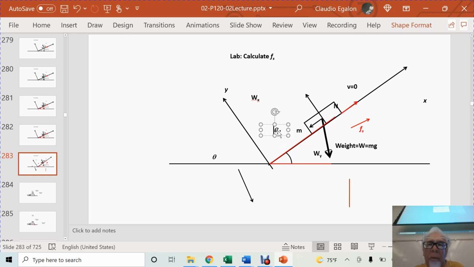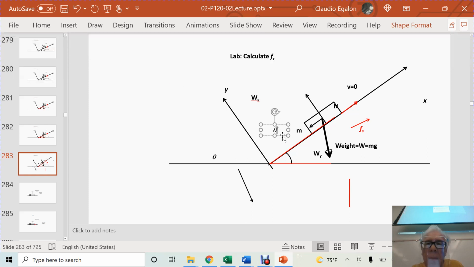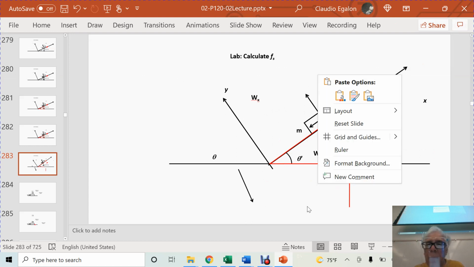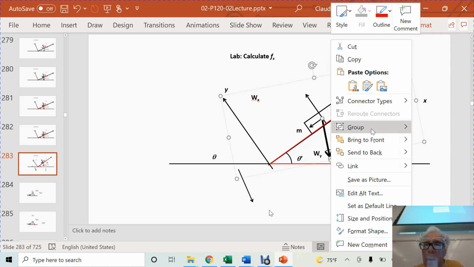Now this one becomes theta prime because it's greater than theta. Good. Theta prime. This one is going to be ungrouped.